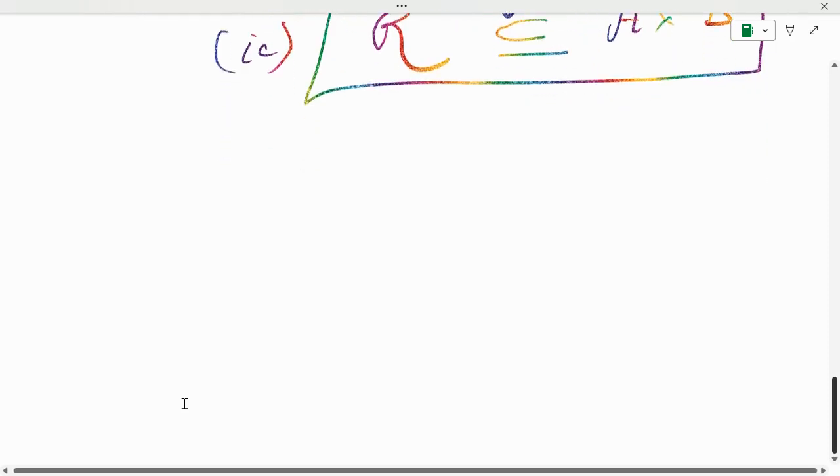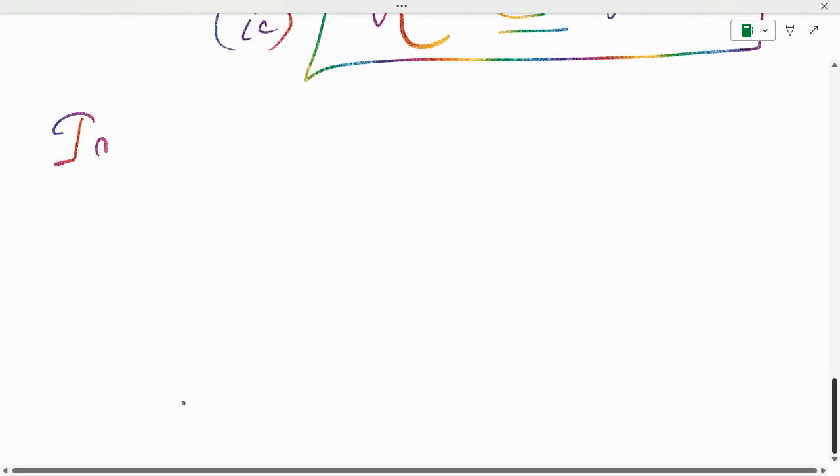There is one more term called inverse relation. So what is this inverse relation?